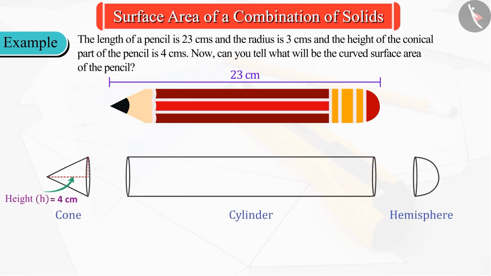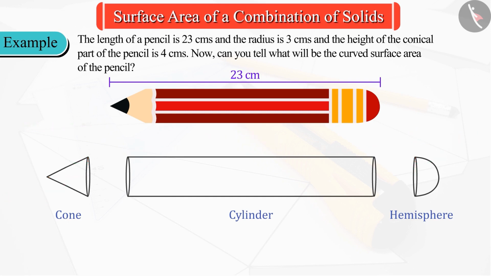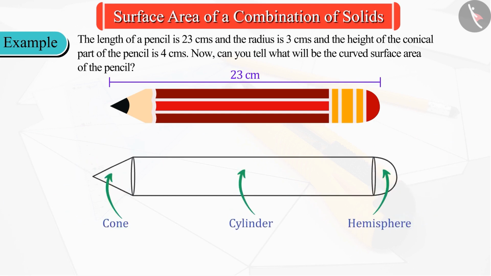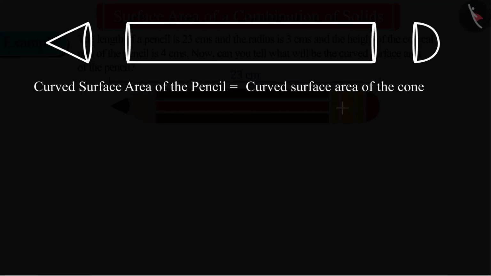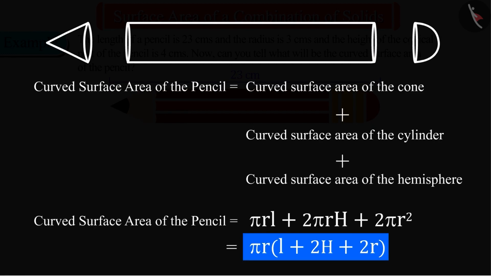The height of the conical part of the pencil is 4 centimeters, the radius is 3 centimeters, the length of the cylinder is 16 centimeters, and the radius of the hemisphere is 3 centimeters. Thus, we can say that this entire figure is made up of a combination of 3 figures. Now, if we sum the curved surface area of these 3 figures, then we will get the curved surface area of the pencil.